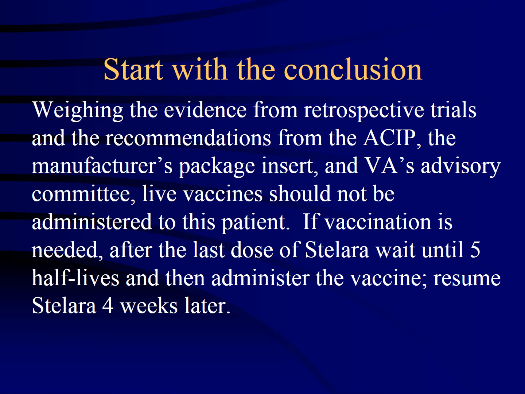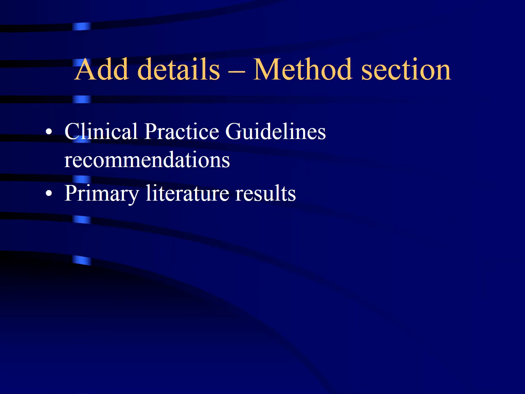So again, I really do like starting with the conclusion first so your reader can, right off the bat, know where you're going, know what the evidence says, and then they can read further regarding the details and the why you are stating such. So the details added included recommendations from clinical practice guidelines and then also primary literature results.